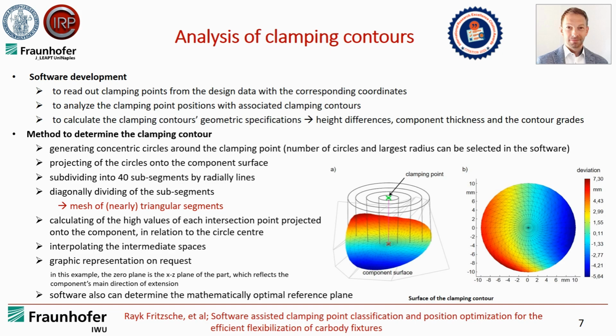In this example, the zero plane is the XZ plane of the part, which reflects the component's main direction of extension. But it's also possible for the software to determine the mathematically optimal reference plane.